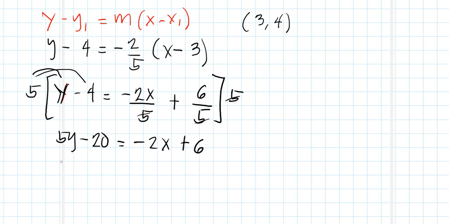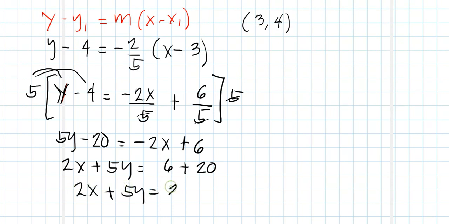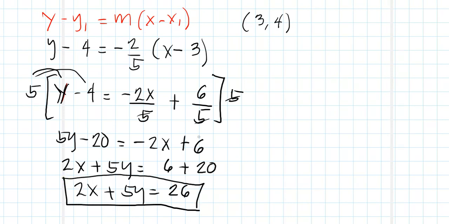Therefore, 2x plus 5y is equal to 6 plus 20, and this is now in the standard form, equals 26. Hence, the equation is 2x plus 5y equals 26. Okay.